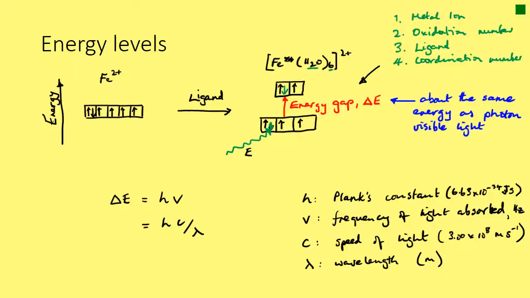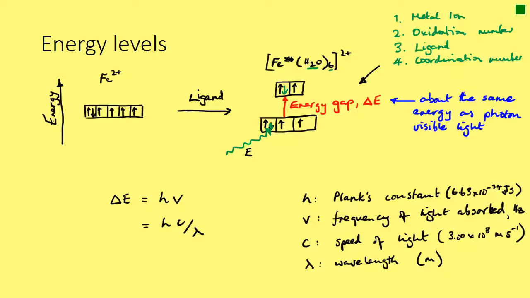So there's our 5 3d orbitals, but 2 of them have a higher energy level than the 3 remaining ones, and so we have to fill in our electrons again like this.